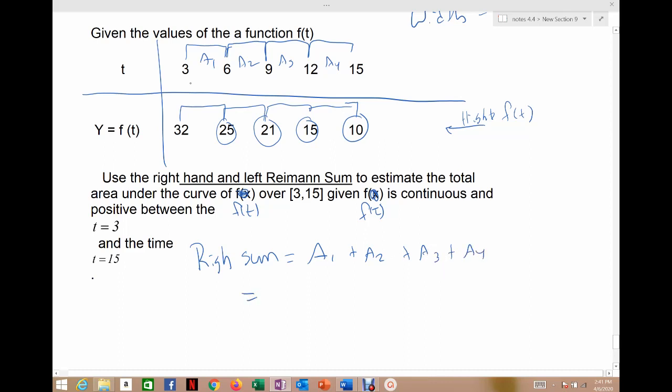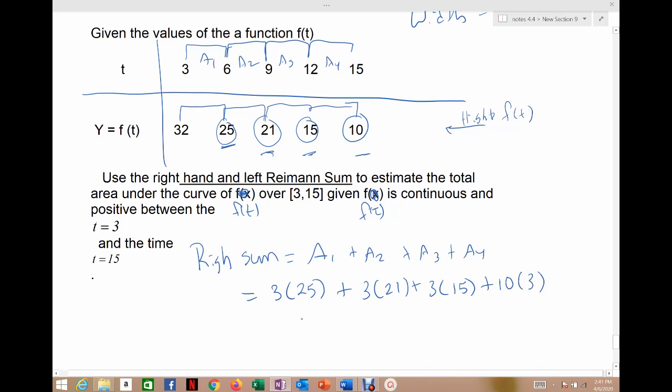Area 1 would have a width of 3, and using the right side of my rectangles, the height would be 25. Then the next one would be 3 and 21. Then the next one would be 3 and 15, and the last one would be 3 and 10. If you want to, you could factor out the 3 and then do it.